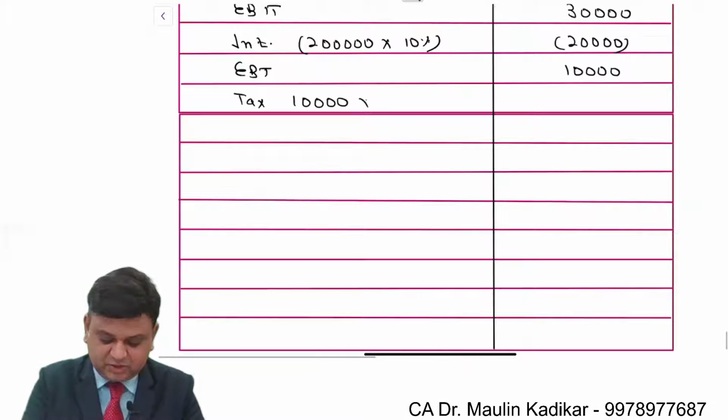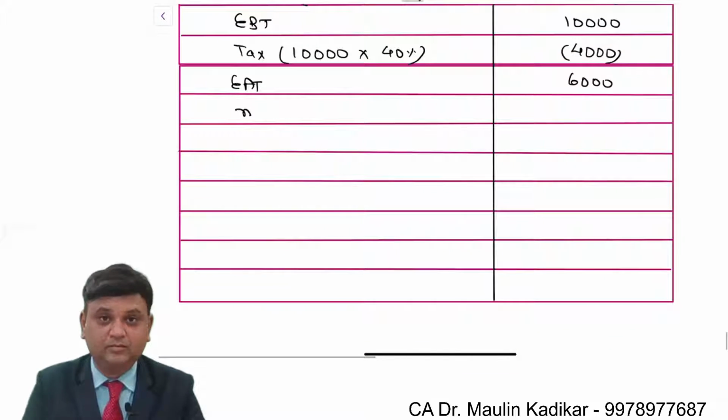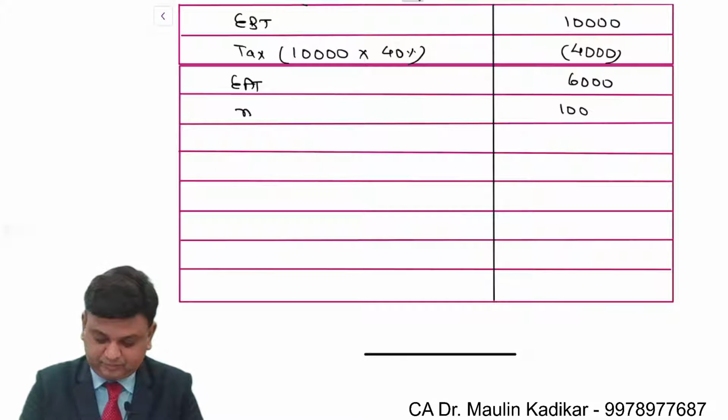So it is 10,000 into 0.4, that comes to 4,000. Earning after taxes is 6,000. Number of equity shares are 10,000. So earning per share is 0.60.